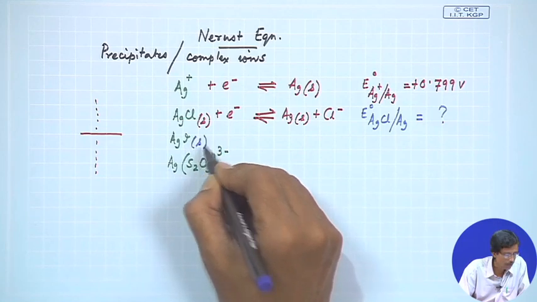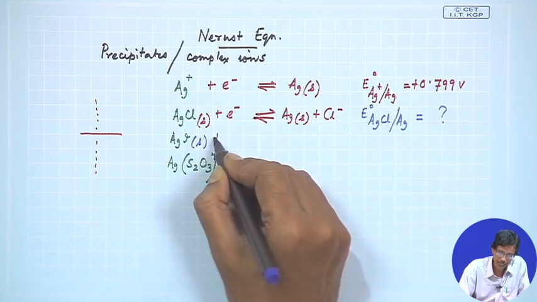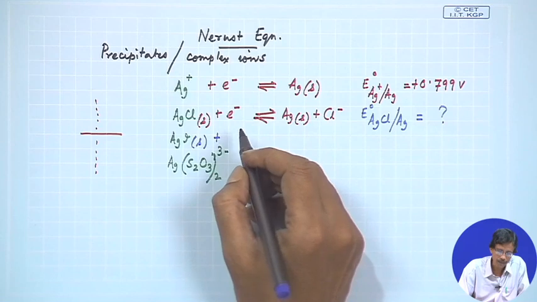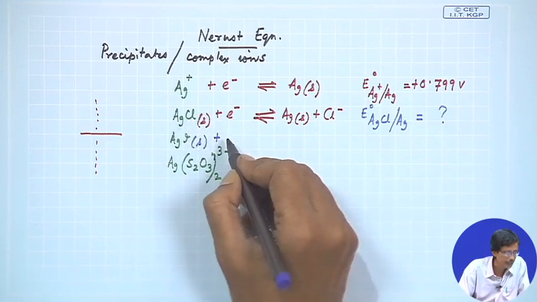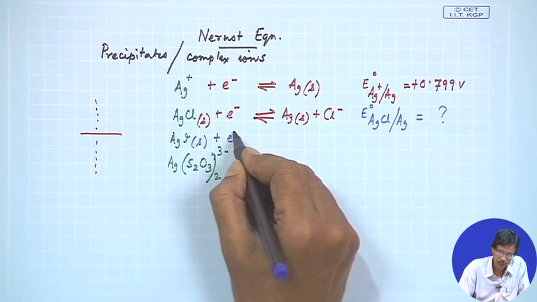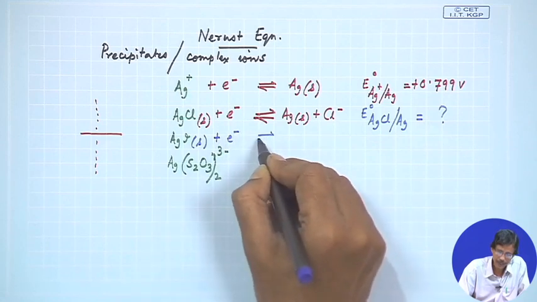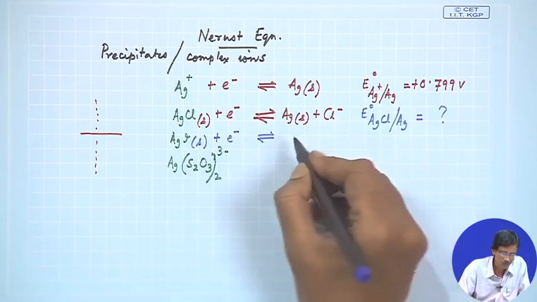Similarly, solid silver iodide is the corresponding analytical test for the silver ion. When we add chloride or iodide, it gets precipitated as the corresponding silver iodide salt.